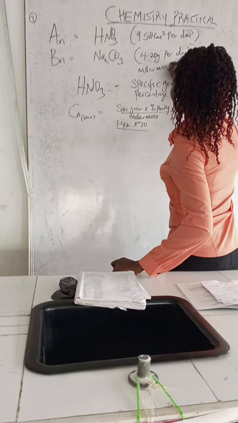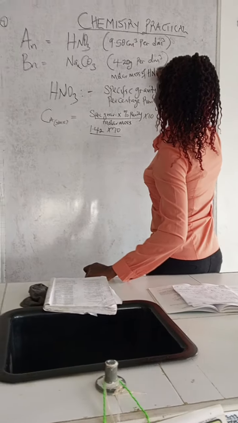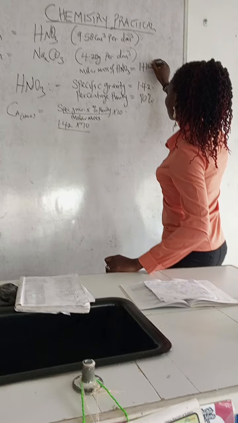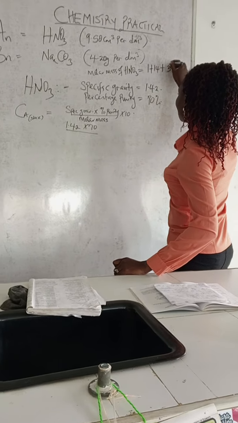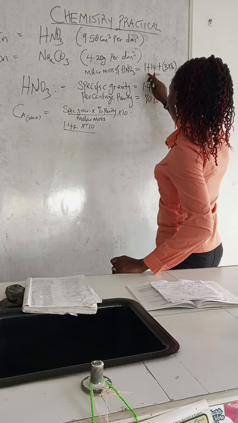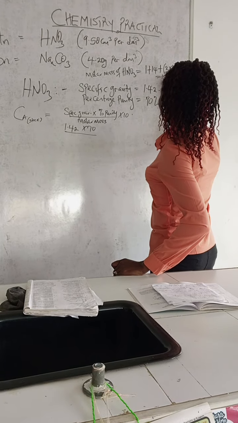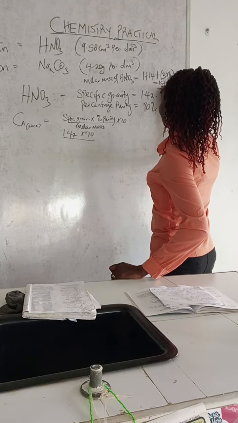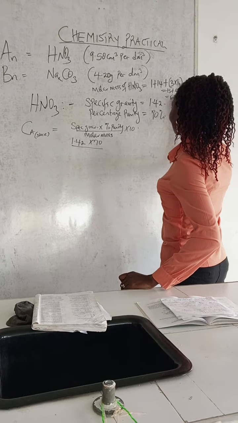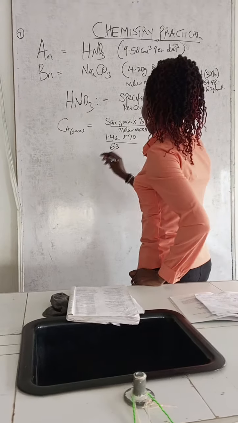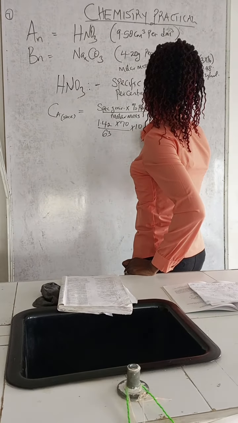The molar mass of HNO3 is 1 plus 14 plus 3 times 16, that is 15 plus 48, which is 63 gram per mole. So I'm going to have 63 here, then times 10.